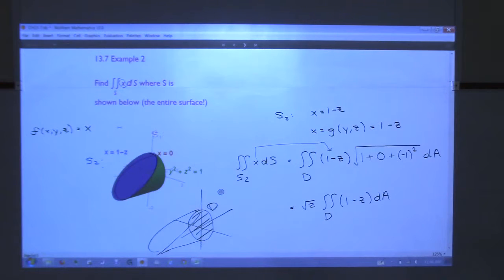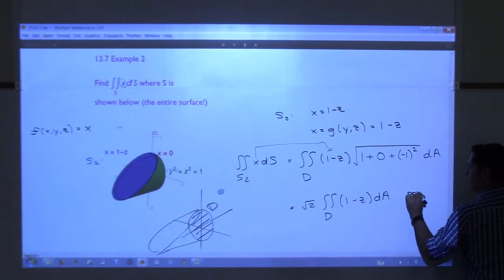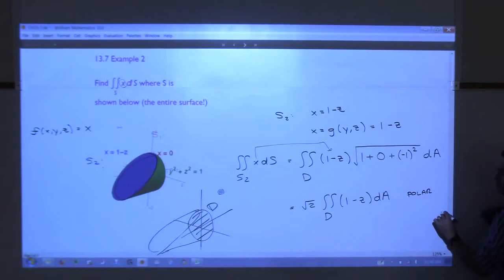So how would we do that if we do polar here? Now be extremely careful, because our circle is on the yz plane, right? So I'm going to go to polar. And to go to polar means I'm going to replace, normally we do x with r cosine theta, right?